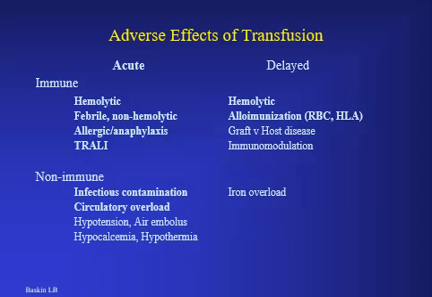Now I want to turn to some adverse effects of transfusion before we wrap up. Those are usually categorized as either acute or delayed, and either immune-mediated or non-immune mediated.